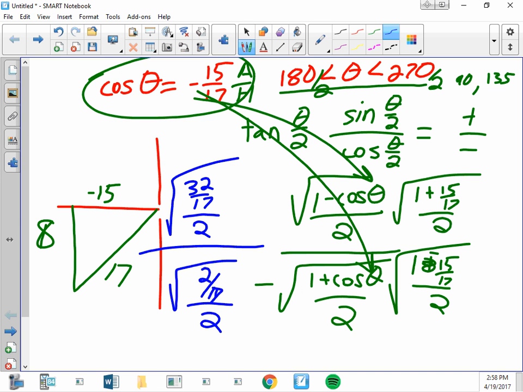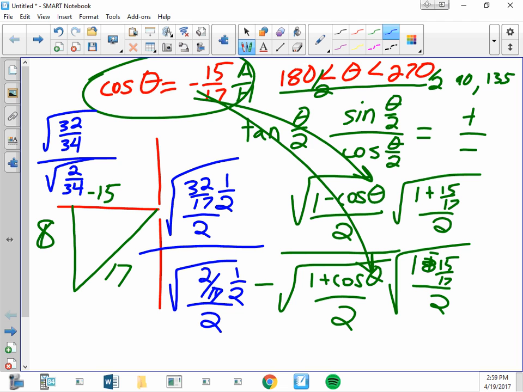Yes, Corbin? What's 1 plus 15 over 17? 17 plus 15. All right. So flipping times. So we get the square root of 32 over 34 divided by the square root of 2 over 34.